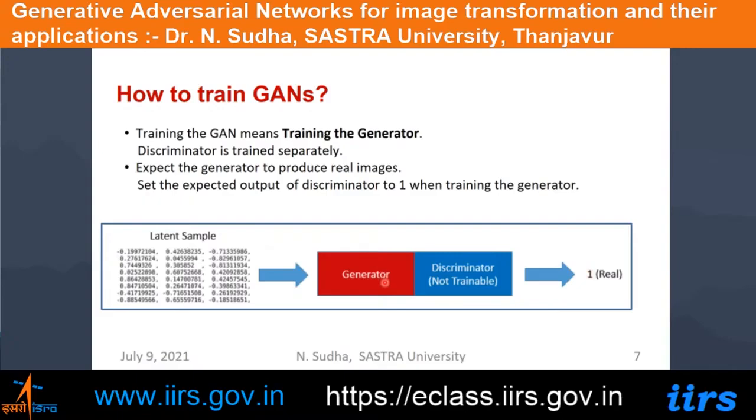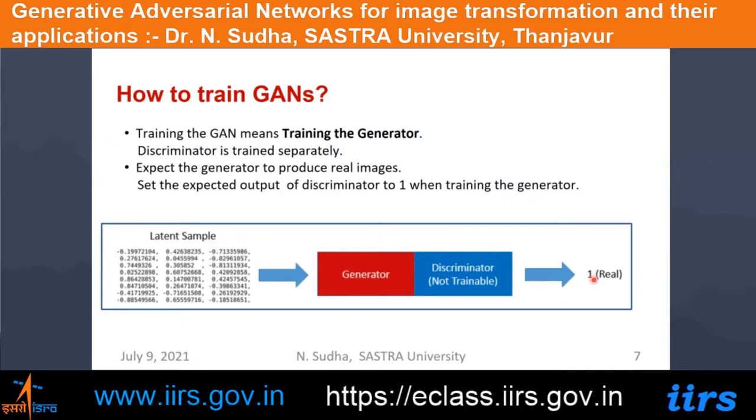The discriminator always discriminates the generated output from the real data set input. In that case, when you train the discriminator, the generator's output is considered a fake, so the expected output will be 0. But when you train the generator, the generator's output is expected to be a real output, so it is 1.